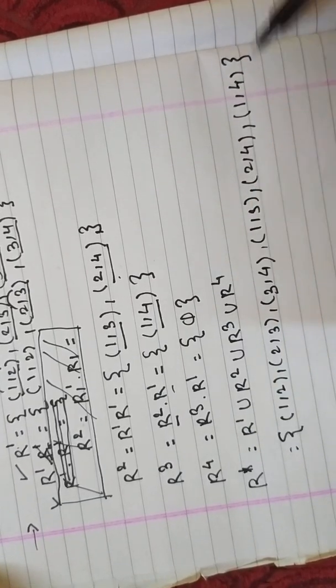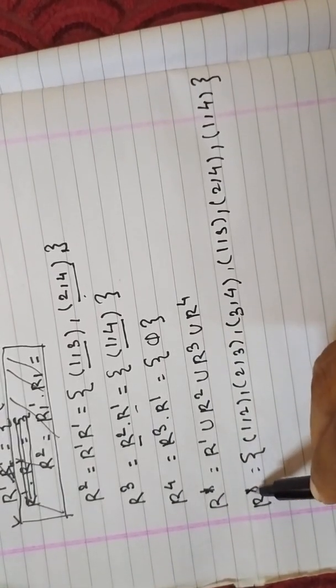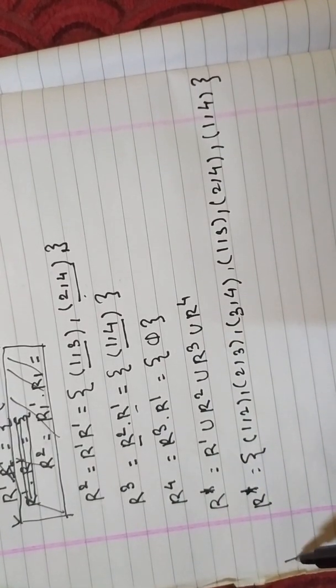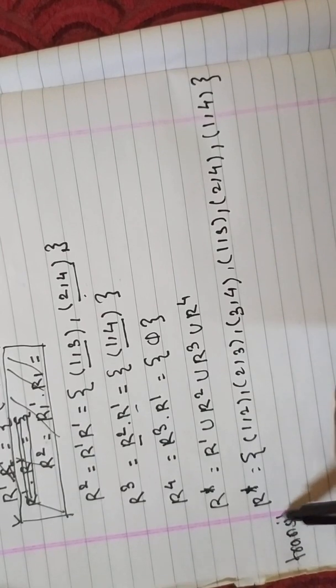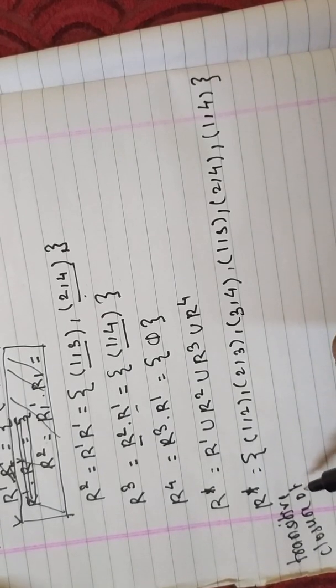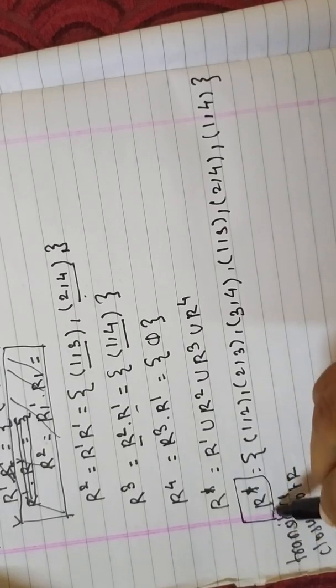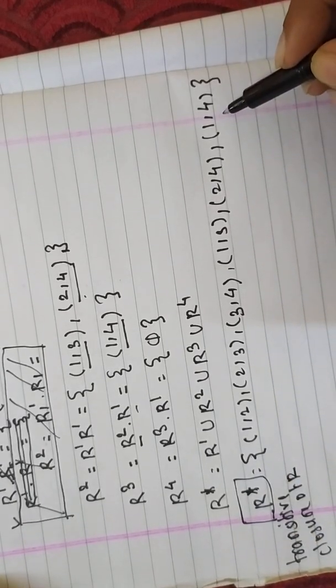And R4 is empty, so no need to add it. So finally this will become our R star. That is nothing but the transitive closure of R, which is denoted by this R star. Okay. I hope you are getting this particular point.